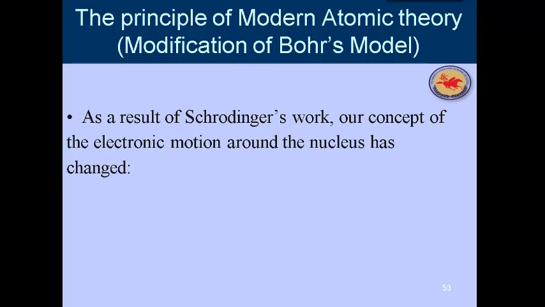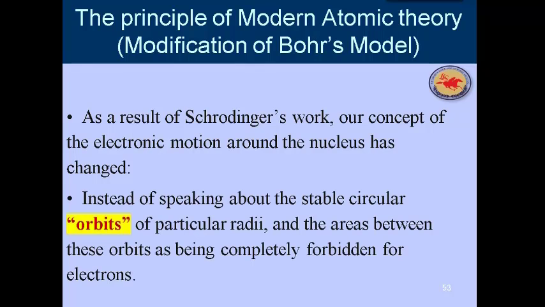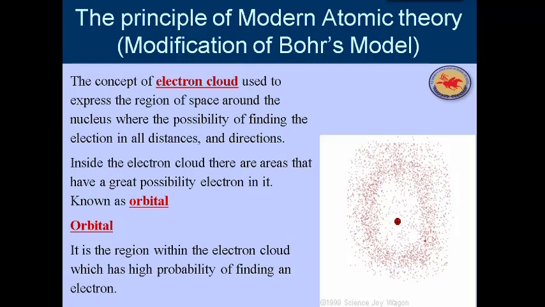As a result of Schrödinger's work, our concept of the electronic motion around the nucleus has changed. Instead of speaking about stable circular orbits, with the areas between these orbits being completely forbidden for the electrons, we use the concept of the electron cloud to express the region of space around the nucleus.